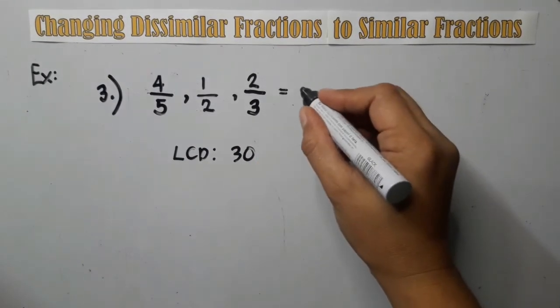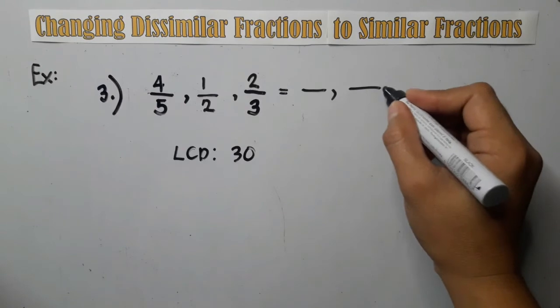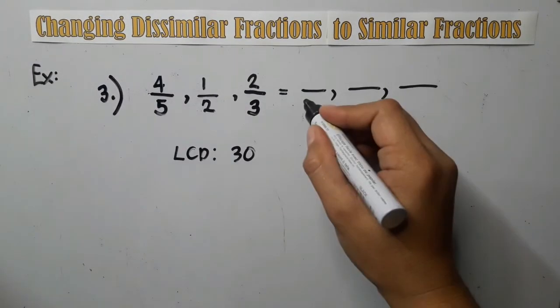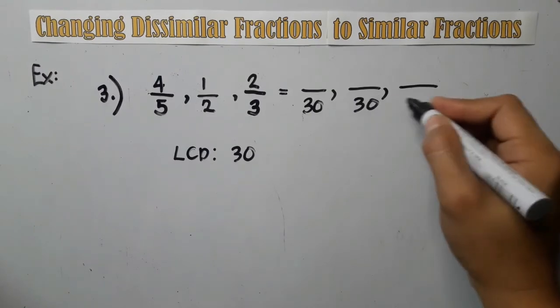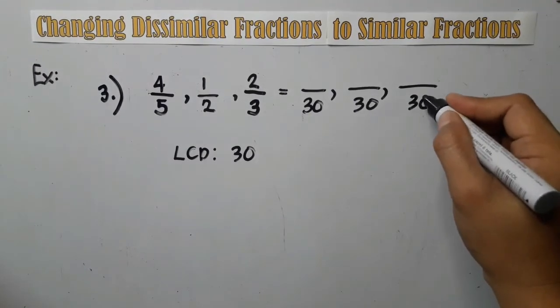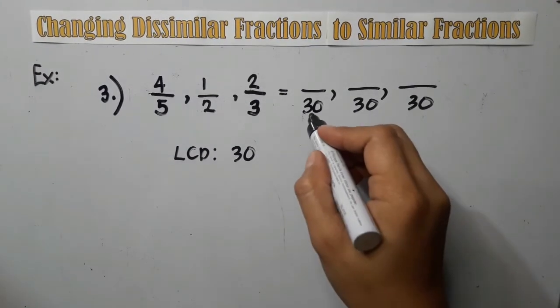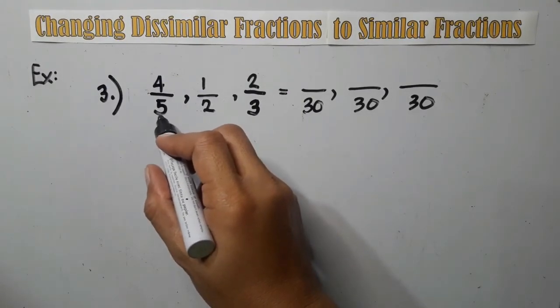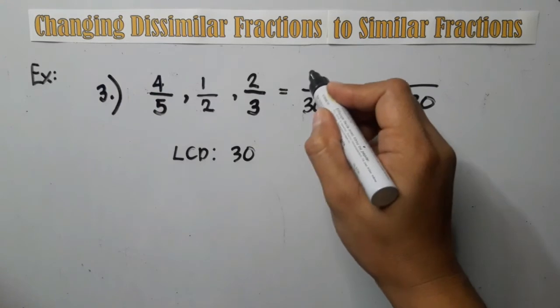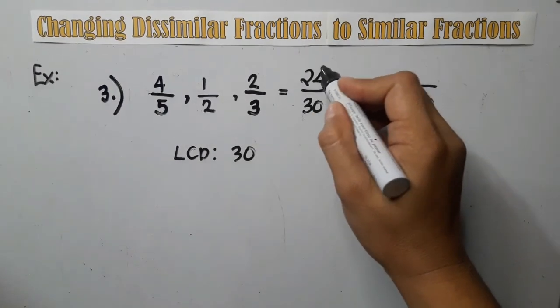So, we will change this into similar fractions. We will write the LCD, which is 30. This one is 30. And also here, 30. Then, 30 divided by 5 is 6. Times 4, so this is 24.